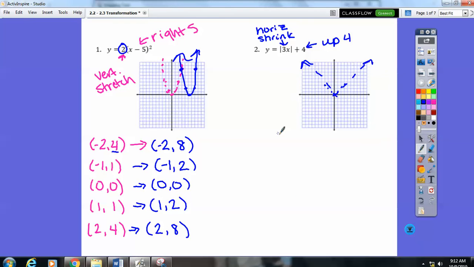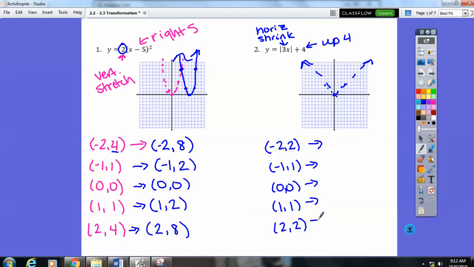If you need to, write out some points. What's changing on these? My x or my y? My x. And x does the opposite. So I am not taking my x's times 3, I am dividing them by 3.